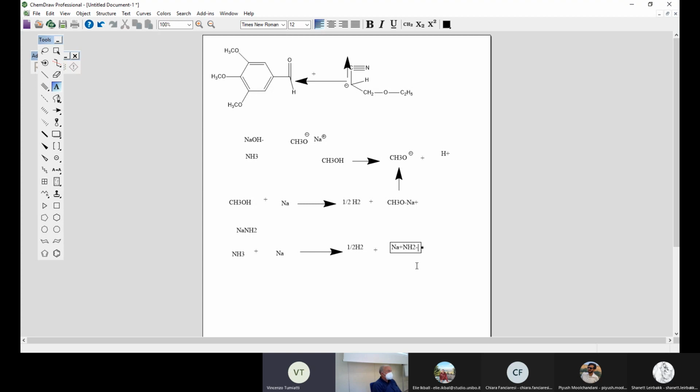But in this case, if we apply a redox reaction, it's possible to have sodium amide. Sodium amide is the conjugate base of a very weak acid, and so sodium amide is a very strong base.